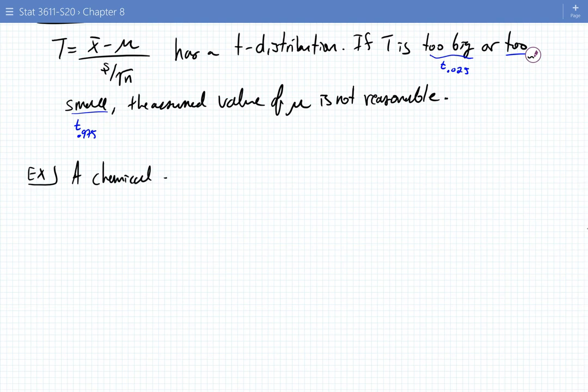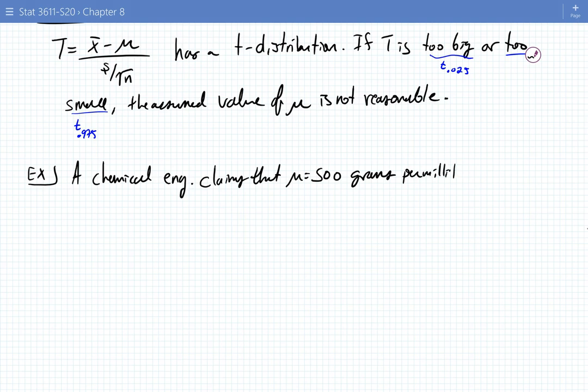A chemical engineer claims that there is an average of 500 grams per milliliter of raw material in some substance.